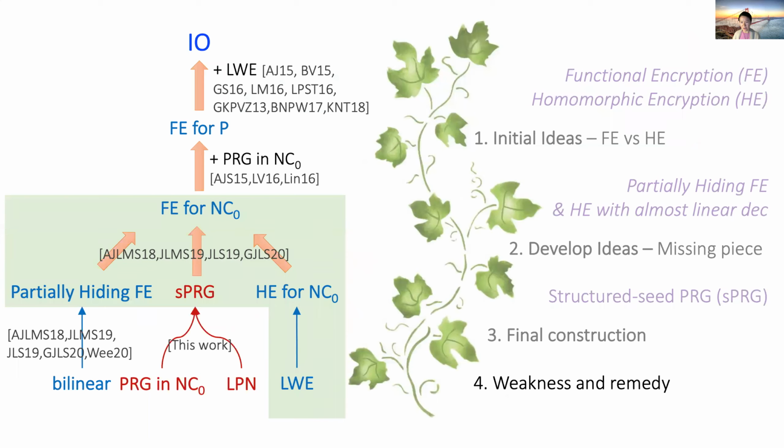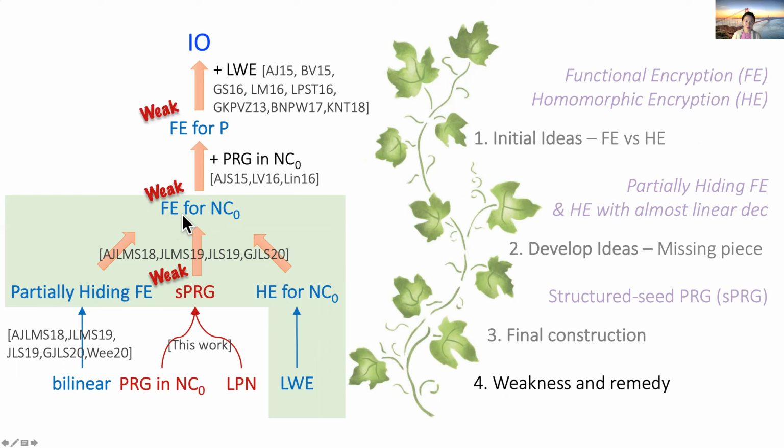And this brings us back to our overview. What I have just shown you is that we can construct a weak version of FE for NC0, whose indistinguishability security has a rather polynomially small gap.